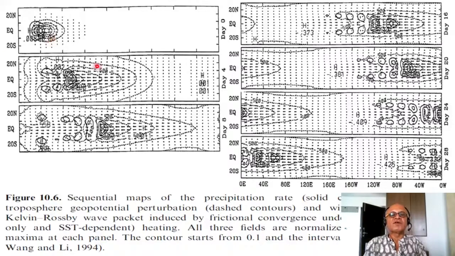So the Kelvin wave travels eastward at almost 50 meters per second, gets ahead much further very quickly, and you can see the convergence that is being driven into the convective center. So you have easterlies ahead, as we have seen before, and the Rossby waves, dry Rossby waves, propagate westward, and they move much more slowly, of course. You can look up the speed, should be about 1/3 in a state where there is no background flow.